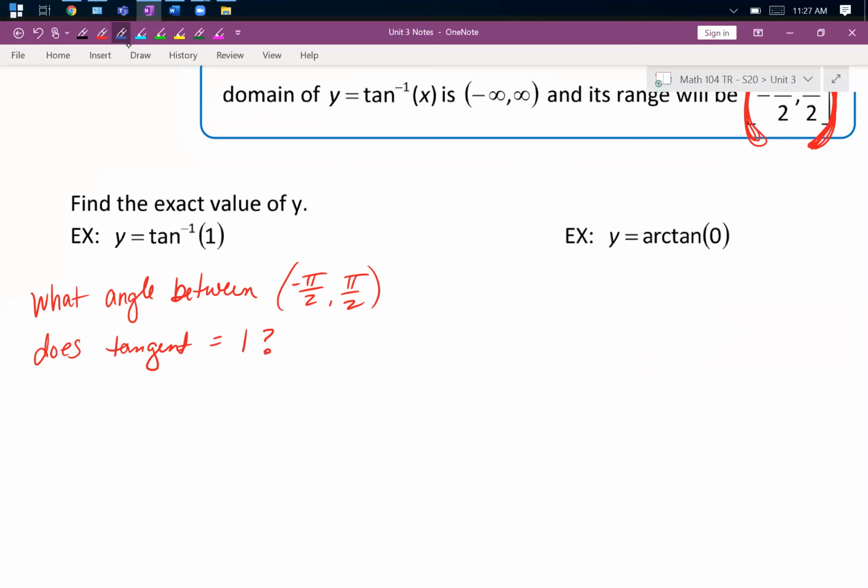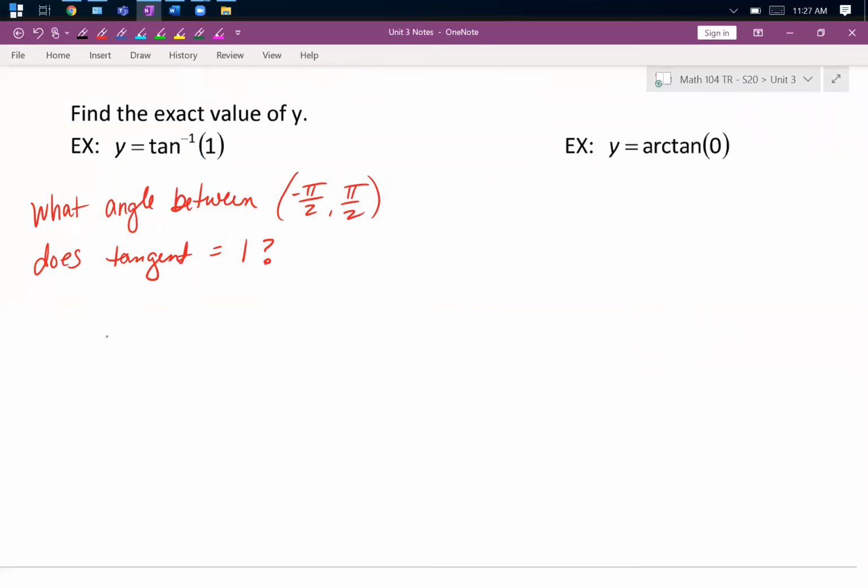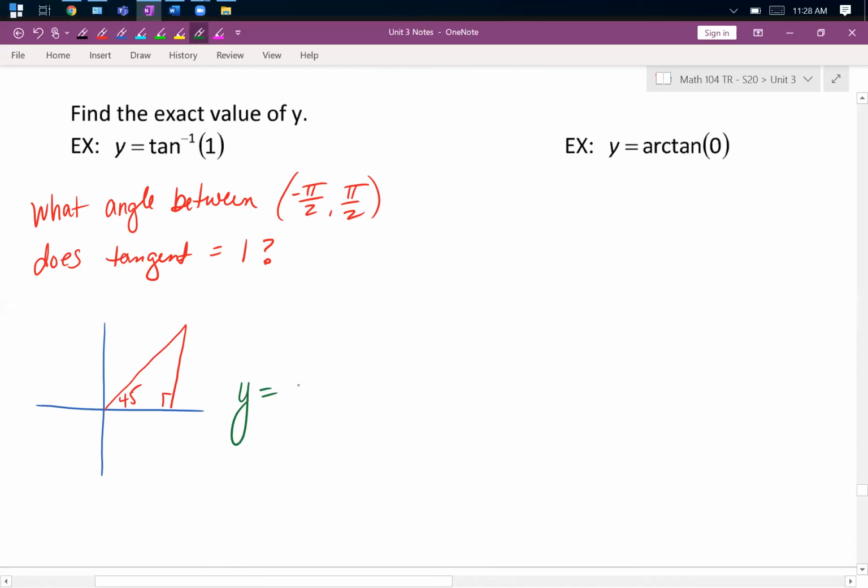Since y and x will be the same, we need to be looking in quadrants 1 or 4, and it's a +1, so I need tangent to be positive, and that happens in our first quadrant. So we just need that angle for our y value, and that's going to be y equals pi/4.